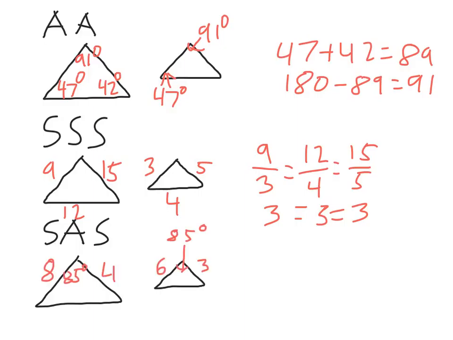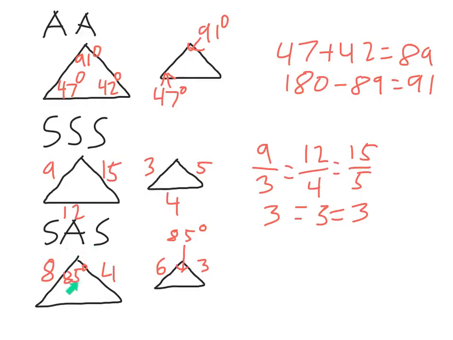Alright, now with these two triangles, we have 8 and 4 with 85 in between them, and 6 and 3 with 85 in between them. So, with side, angle, side, remember the congruent angles have to be between the two sides.